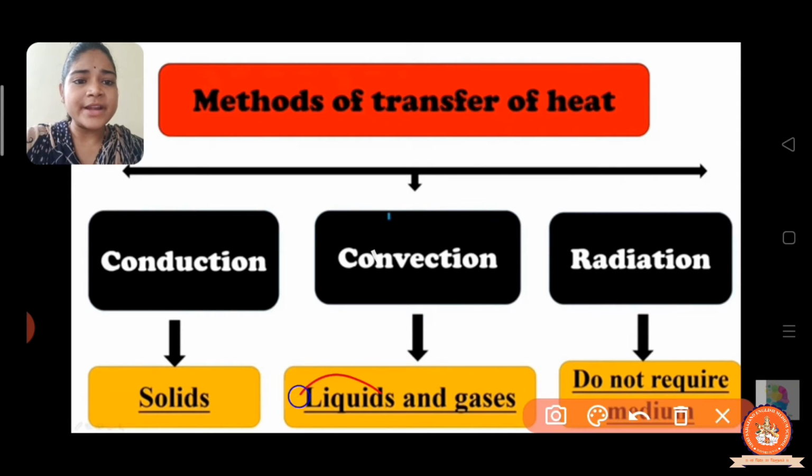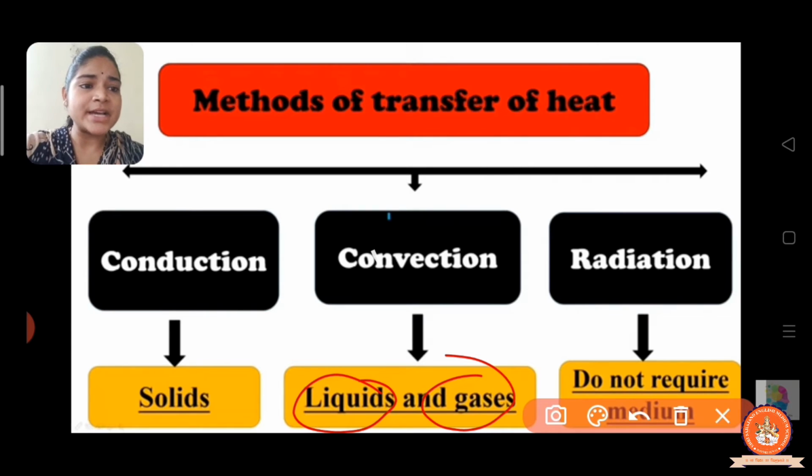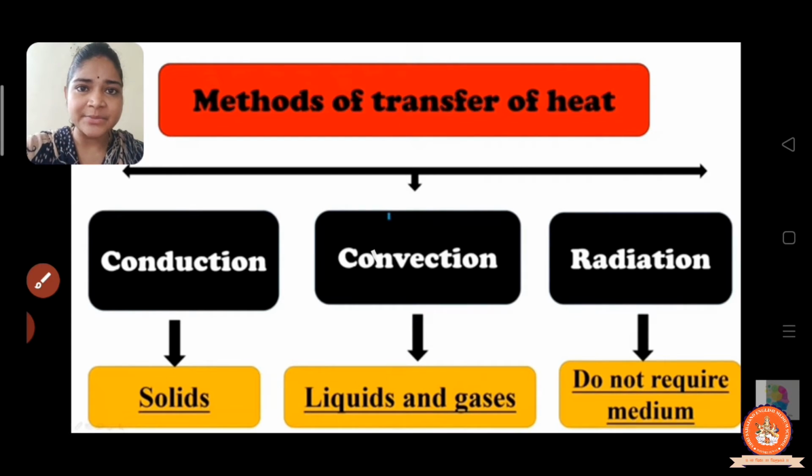But in liquid and gaseous form, the heat transfers through the convection method. At last, the radiation method does not require any medium. Whether a medium is present or not, heat transfers through the radiation method. Got it? Now let us discuss in detail.